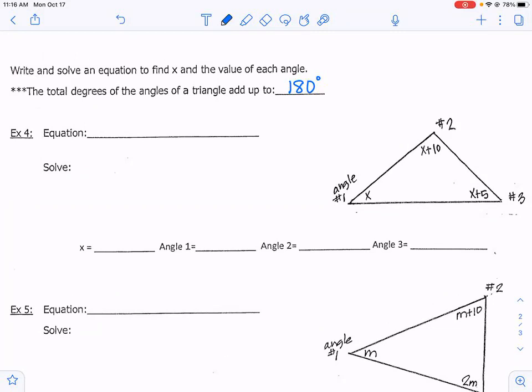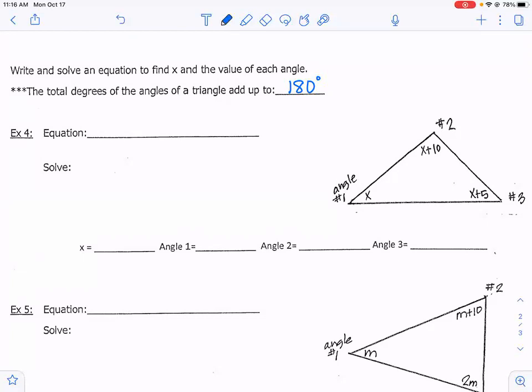Okay, so I want to know the value of x and I want to know what each angle is. Do you see how in this picture I have 3 angles? One's x plus 10, and one's x plus 5. Well, I want to know what x is and what each of the angles are. Okay, well, what do we know?